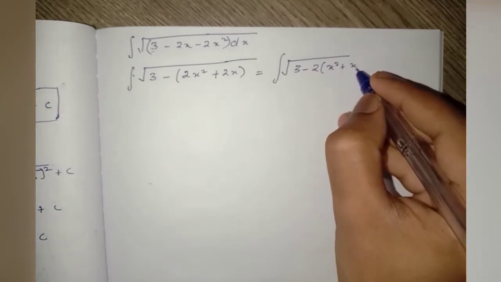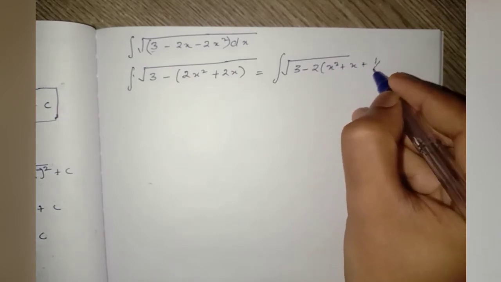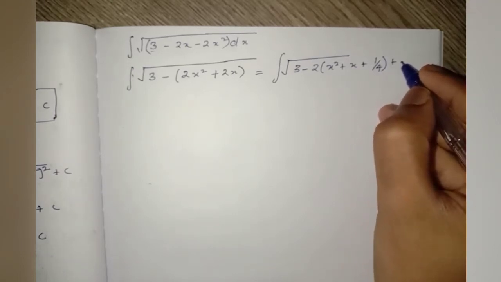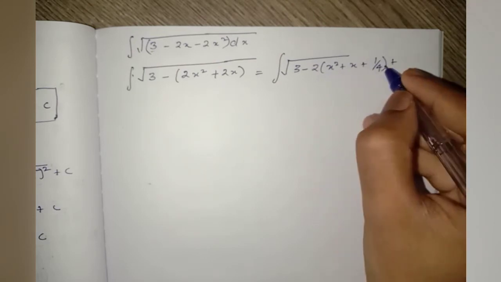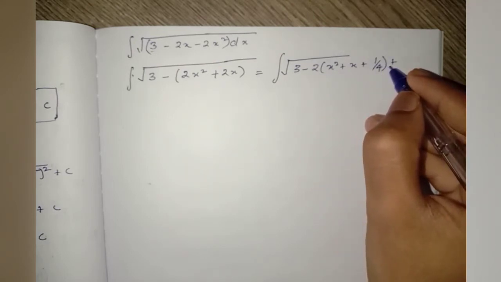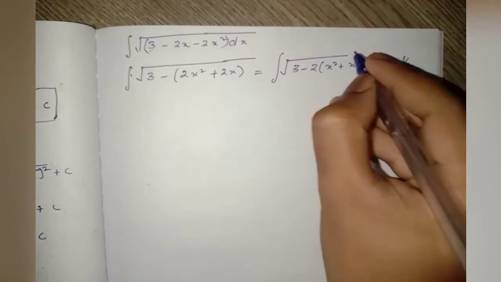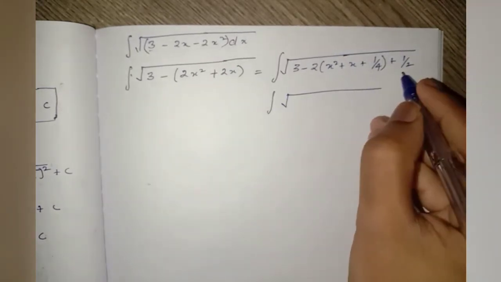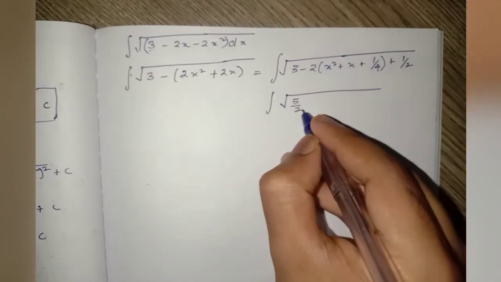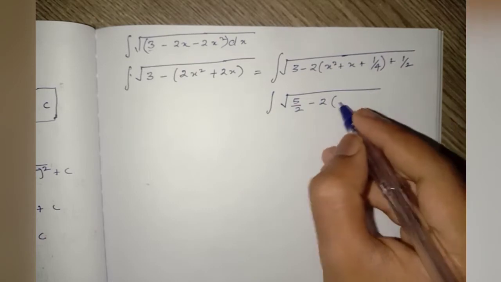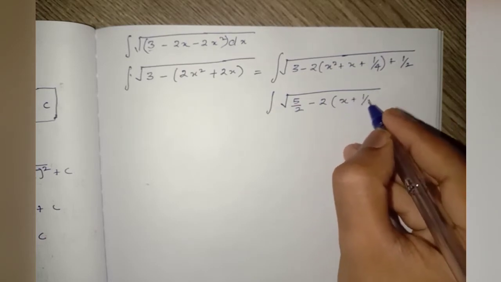Now we can use the formula which gives us here 1 by 4 and 1 by 4 outside. Minus 2 into 1 plus 1 by 4 is 1 by 2, minus 1 by 2, so we need to add a 1 by 2 outside. So this is equal to 3 plus 1 by 2, which is 5 by 2, minus 2 into x squared plus x plus 1 by 4, which is (x plus 1 by 2) squared.